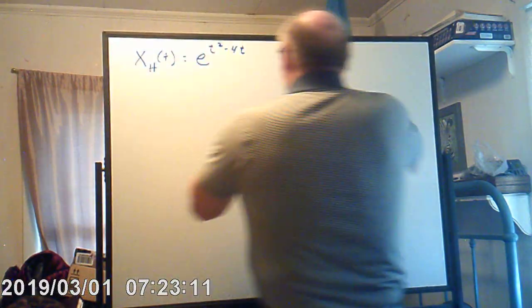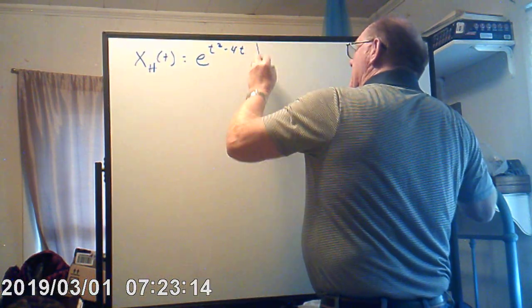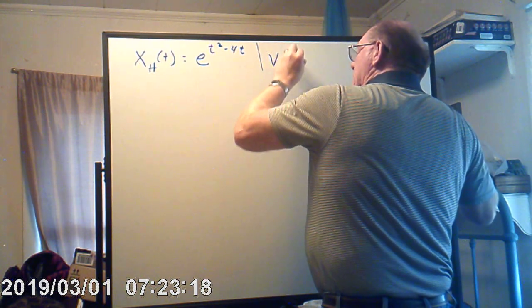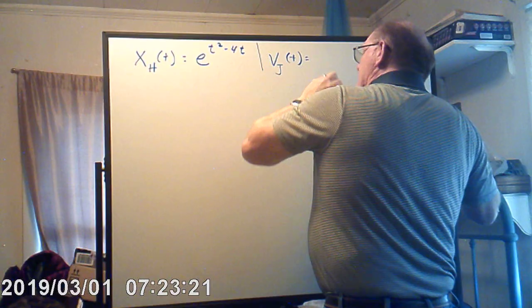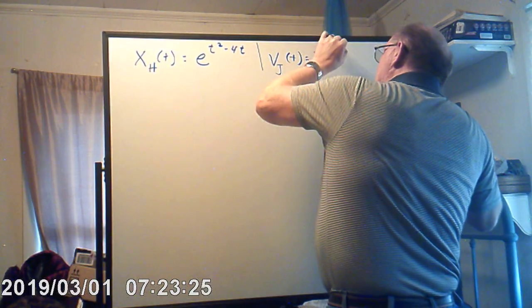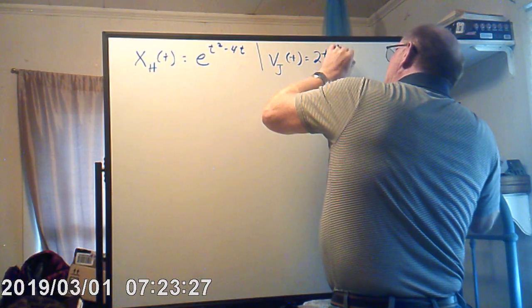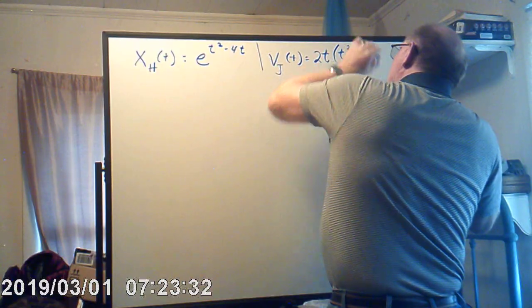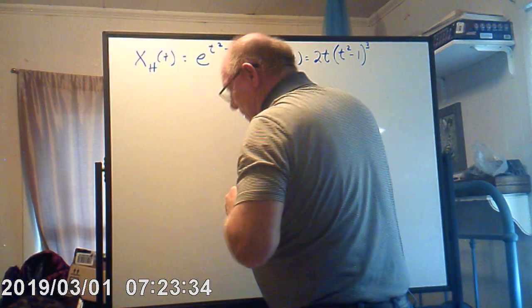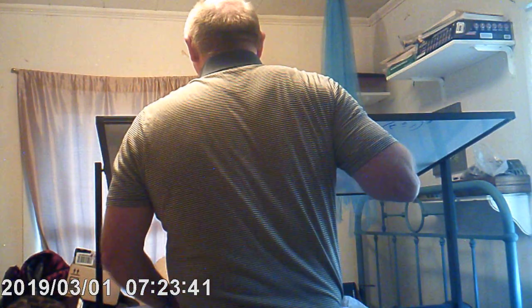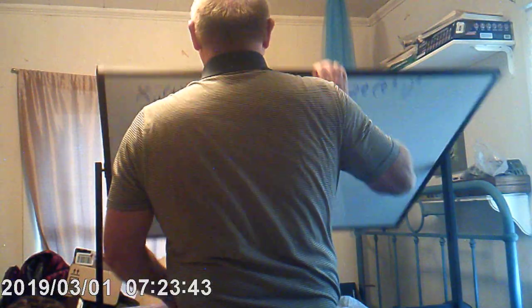We already have Vj at t equal to 2t times t squared minus 1 cubed. I think that's correct. Let me double check it again.